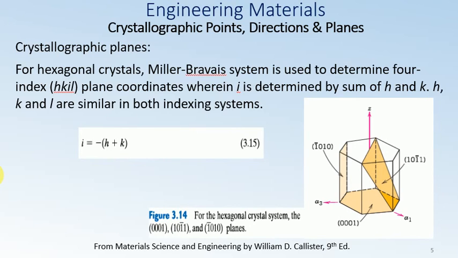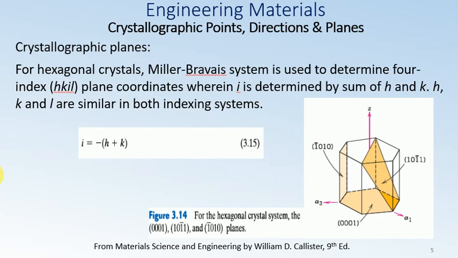Here you have an extra coordinate shown by i, which is determined with the help of summing the h and k coordinates that you determined for cubic crystallographic systems. The other two, h, k, and l, are similar in both index systems, only i is the extra index in this hexagonal plane.